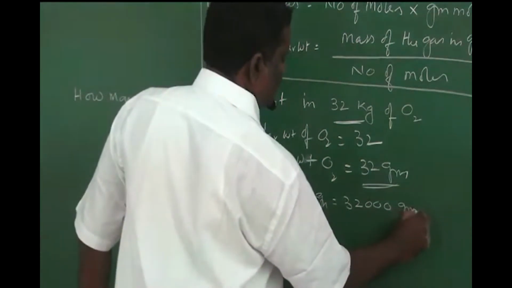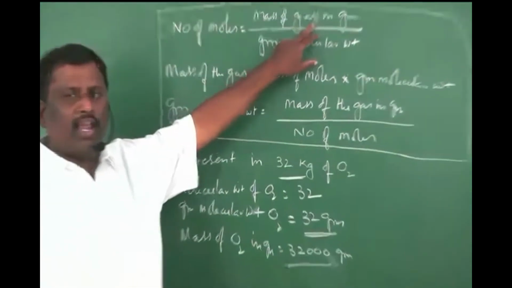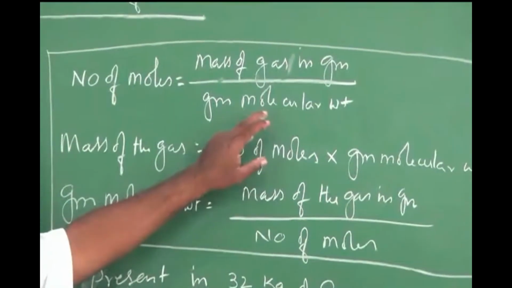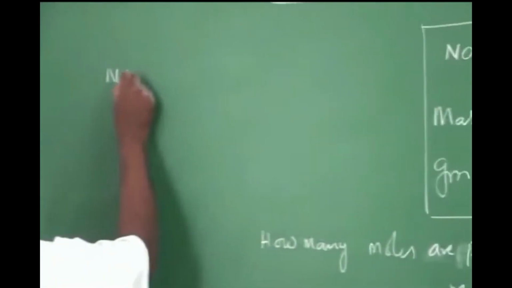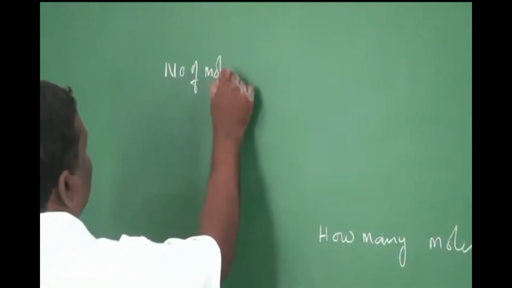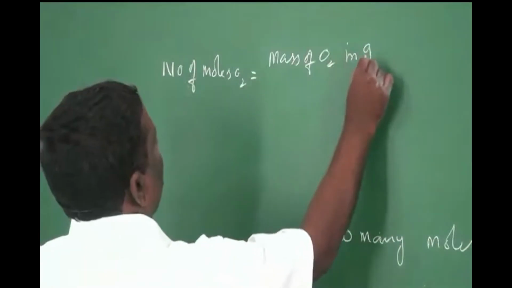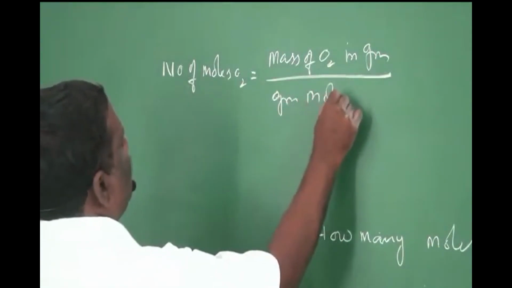Now what is the formula to find out the number of moles? Here we have three formulas. Number of moles is equal to mass of the gas in grams by gram molecular weight. Therefore, number of moles of O2 is equal to mass of O2 in grams by gram molecular weight.